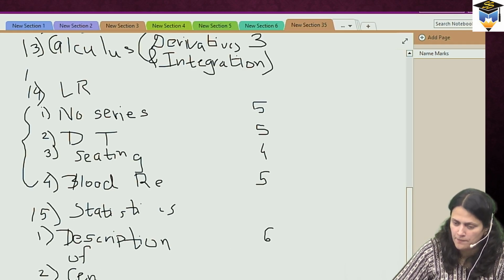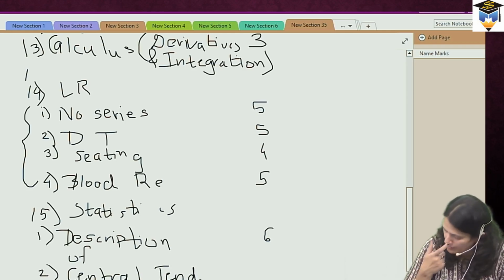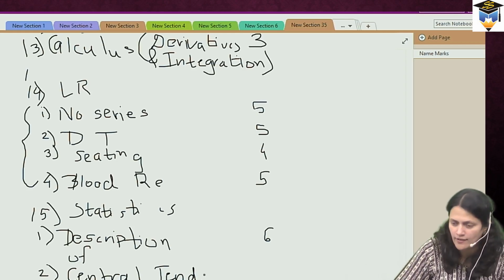Central tendency, under statistics only, is asked for again 6 marks.